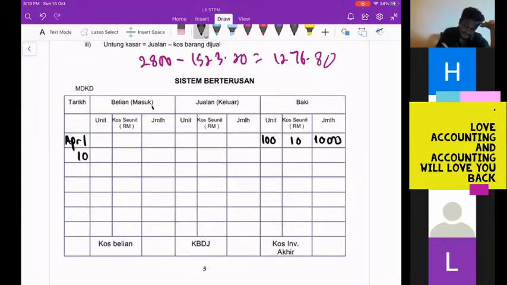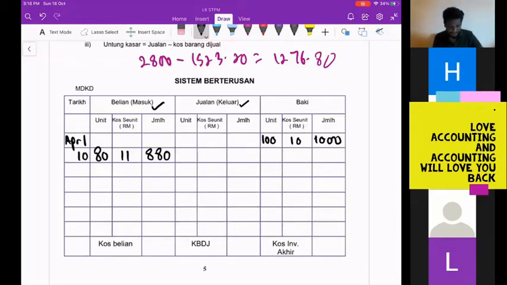Kalau beli, inventory akan masuk. Kalau saya jual, inventory akan keluar lah. So, beli means you put in a beli. 80 unit saya beli. Satu unit adalah RM11. 80 darab dengan 11, saya dapat 880. So, saya tak jual apa-apa.